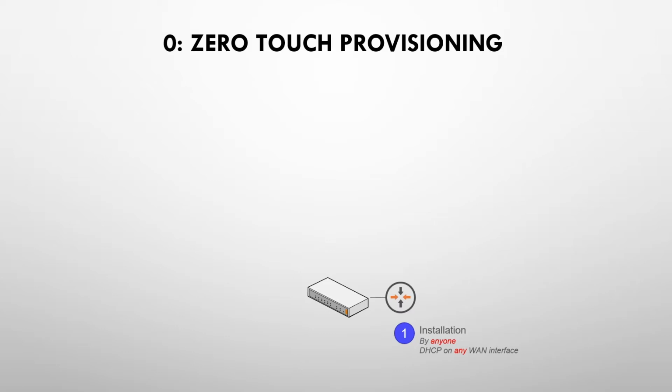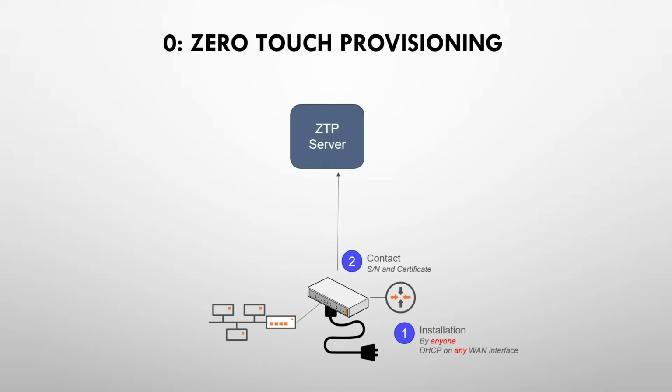Basically, you just need to plug the WAN port to a WAN device, which can be an internet box, plug the LAN port to a LAN switch, and of course, do not forget to power on the SD-WAN device itself. Then the SD-WAN device will try to contact the ZTP server and present its serial number and certificate.